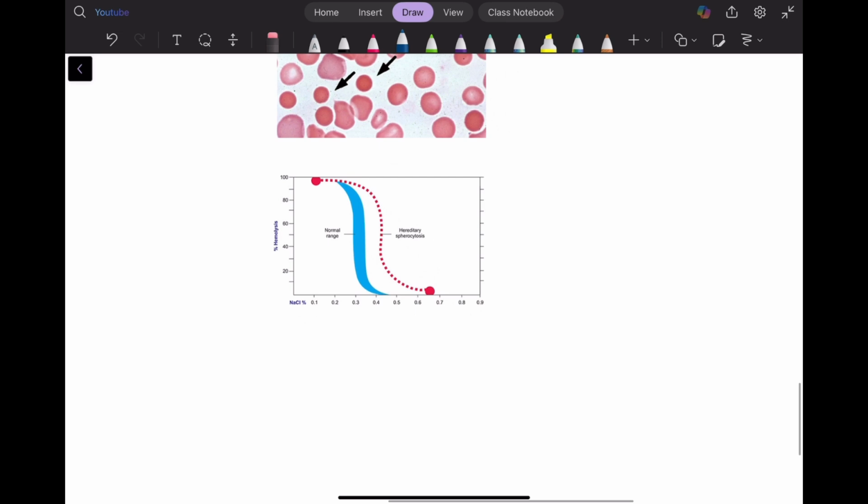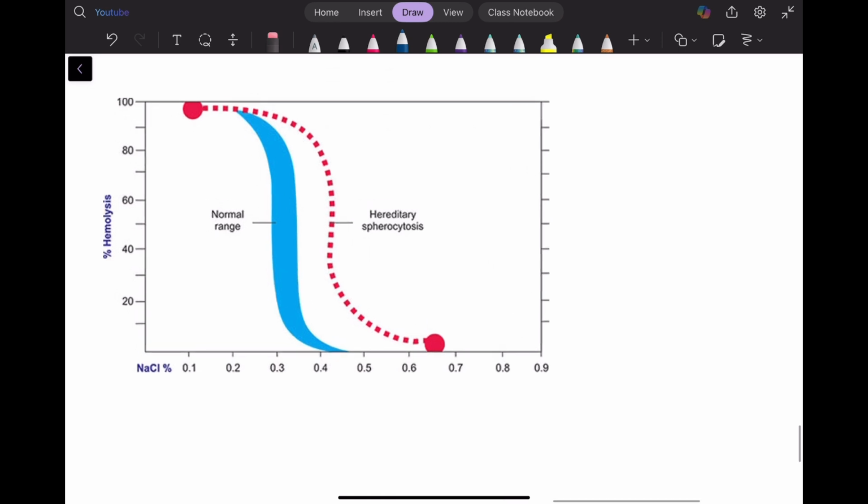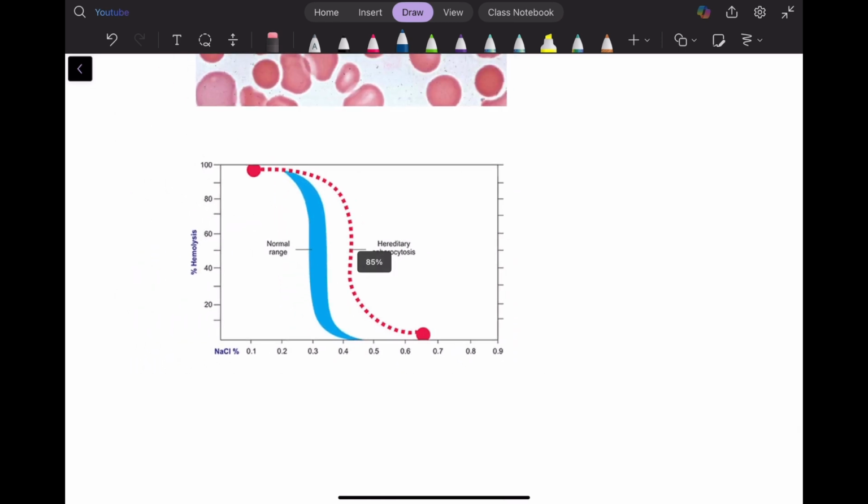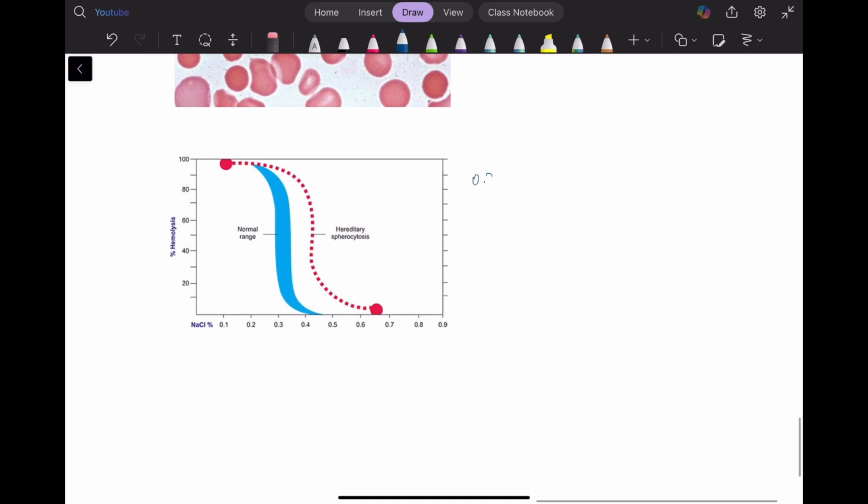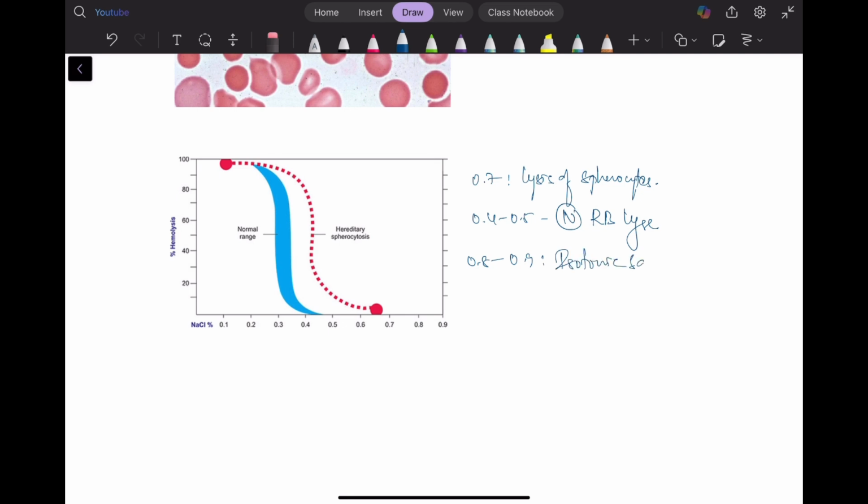See, this is the graph. Okay, it's not coming, we'll learn here itself. So what I said, 0.7% lysis of spherocytes, 0.4 to 0.5% normal RBC lyse, 0.8 to 0.9% isotonic saline.